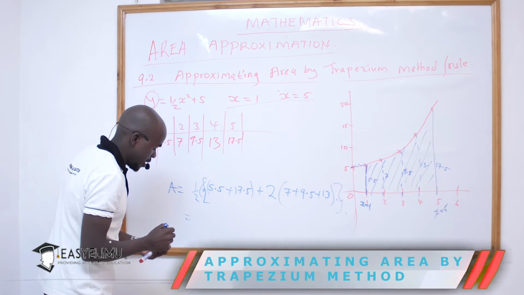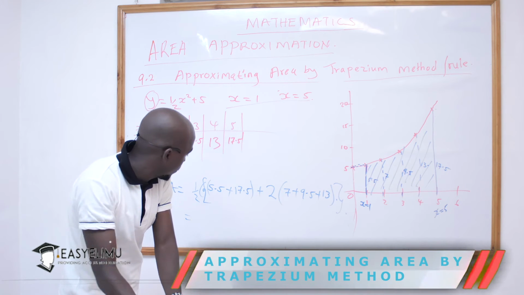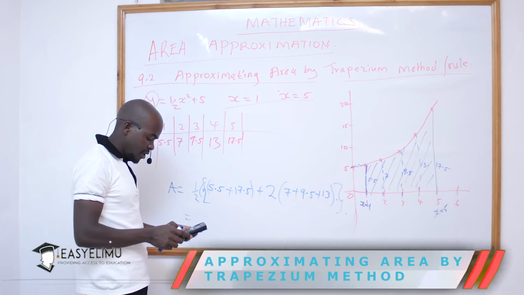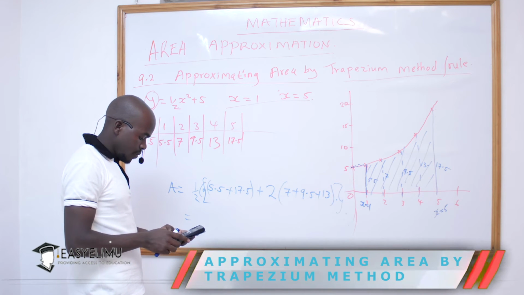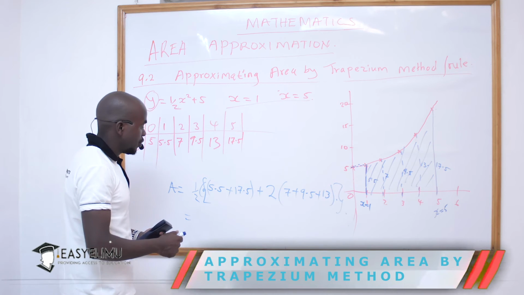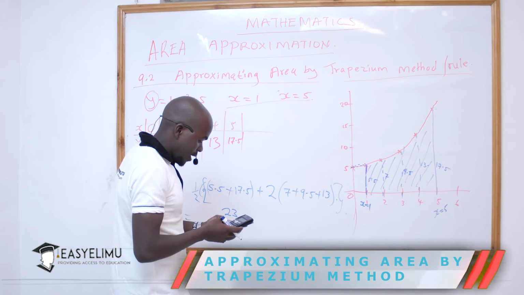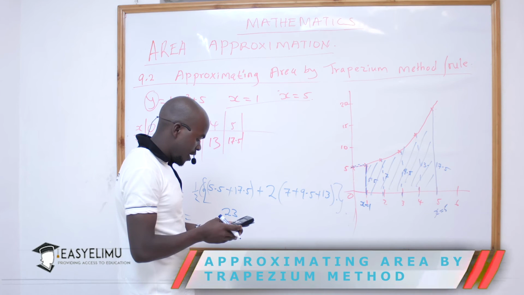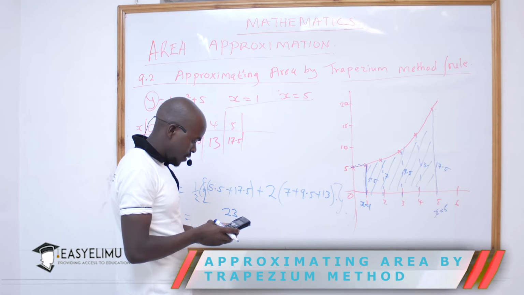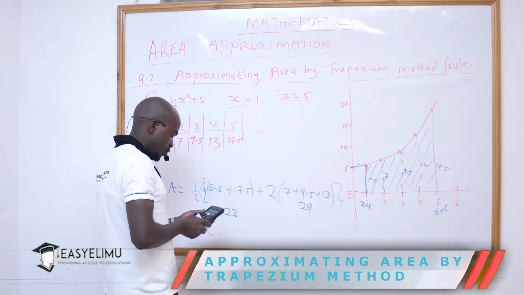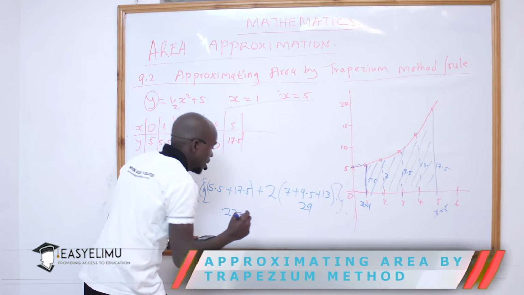So for the first bracket, if we work out 5.5 plus 17.5, we are getting 23. The first bracket is 23. And here 7 plus 9.5 plus 13, we are getting 29. So if you multiply by 2, it is giving us 58.